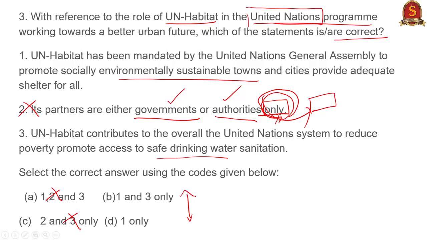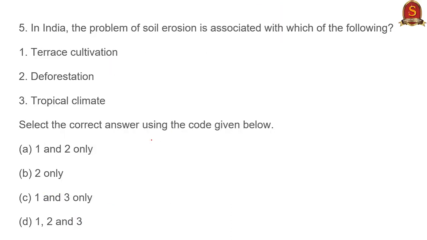Now for the tussle between options B and D, you know that statement 1 is automatically correct. Now the third statement requires some amount of reading, of course, in which you get the background on how it exactly works. So the answer is Bombay for this. It does contribute to the United Nations system to reduce poverty and promote access to safe drinking water. So the key word here was only.